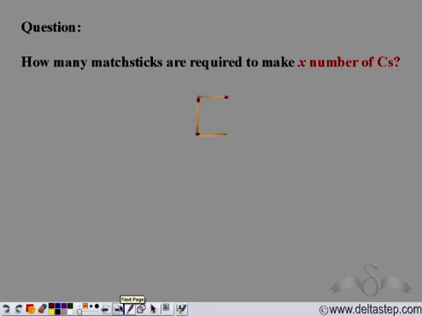How many matchsticks are required to make x number of C's? As we can see, to make one C, we require 1, 2, 3 matchsticks. So for making one C, we require 3 matchsticks. For making 2 C patterns, we require 3 into 2 matchsticks.